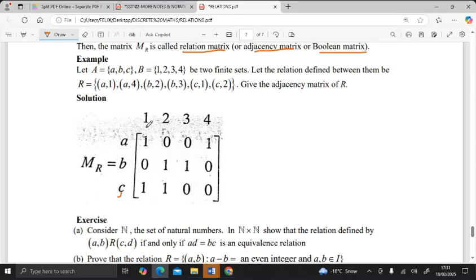You allocate 0 where they are not related, and that is exactly what this is telling us. For this example, I've done this purposely. The outer part, many times we don't indicate these ones, for purposes of enabling you to see that clearly. In this case, we have A, B, C, the first set, where we order the members.